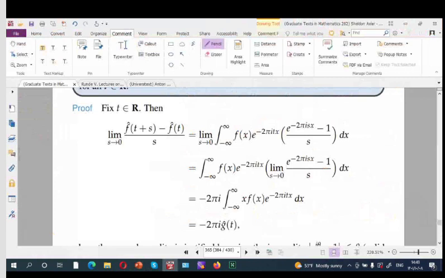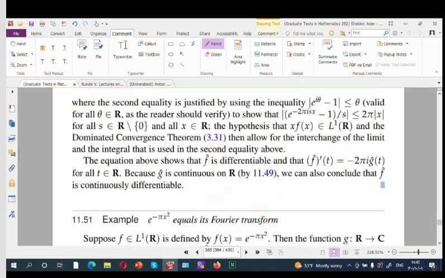So this is the Fourier transform of g. If we consider this function x f of x, we see that this limit equals this, so that the derivative of f hat equals this function.